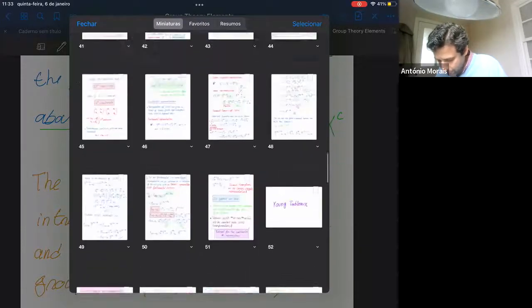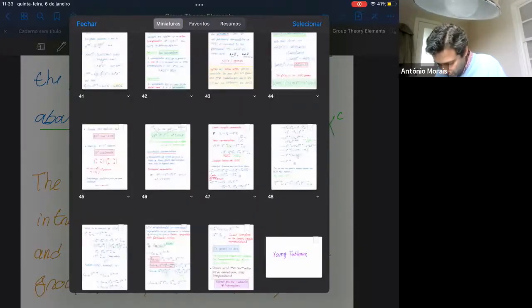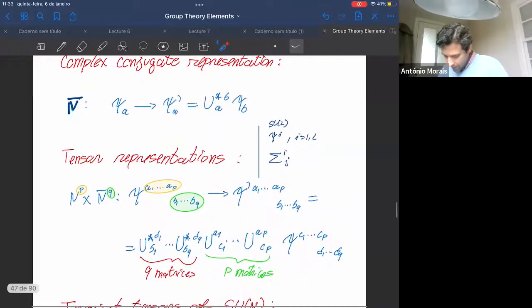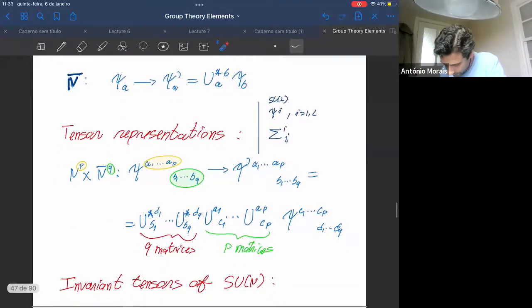When you are doing some calculation, you need to check whether this holds or not. But when one is on top and the other one below, it's summed, and the repeated indices, of course, as it's happening here.